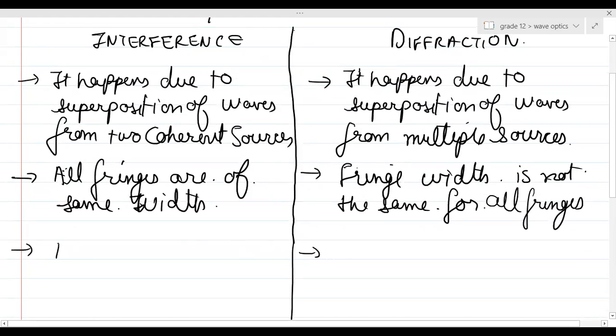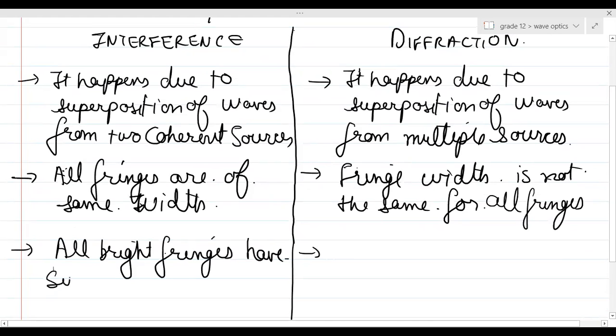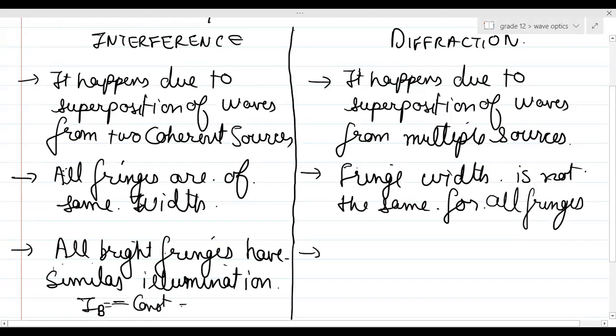Third is, all bright fringes have similar illumination, basically similar intensities, right? So intensity is basically constant. Intensity of all bright fringes is constant, and that equals 4 times I naught, if you remember.